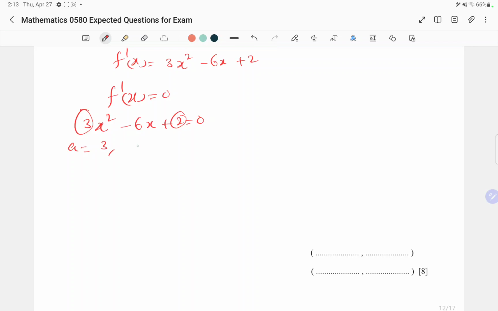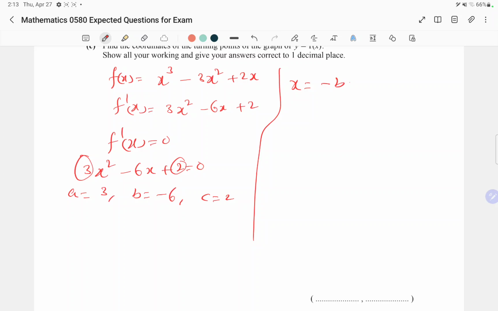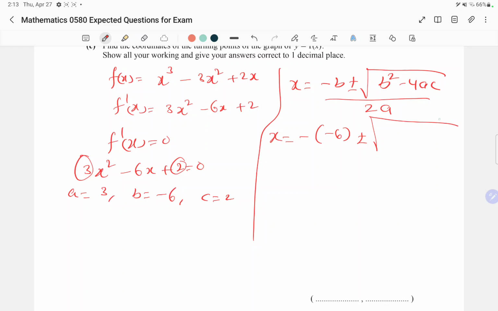A equals 3, b equals minus 6, c equals 2. Now x equals minus b plus minus root b squared minus 4ac over 2a. So x equals minus minus 6 plus minus root of minus 6 squared minus 4 times 3 times 2, over 2 times 3.